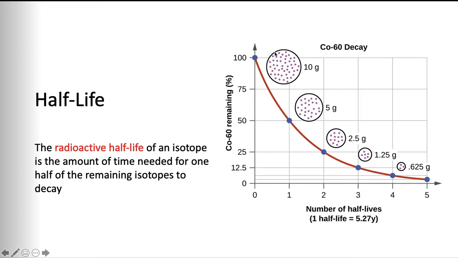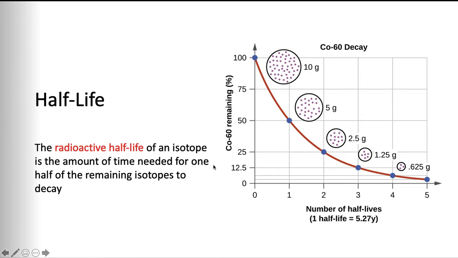If I start out with 100%, let's say a mass of 10 grams of cobalt-60, that's 100% at time 0. After one half-life, which is 5.27 years, I will have 50% of the original amount still remaining. 50% have decayed into something else.